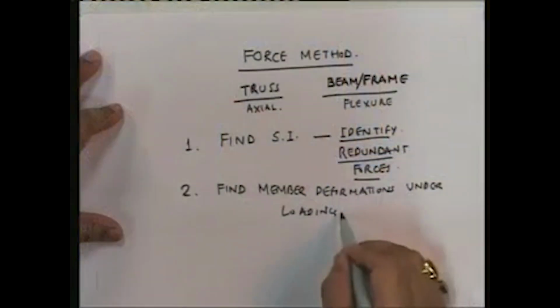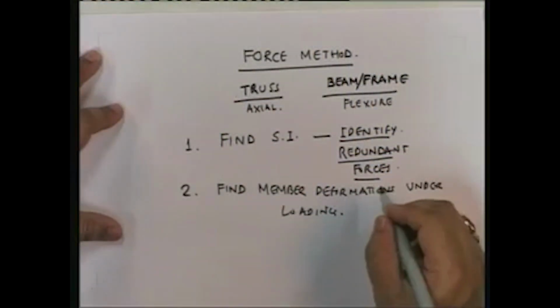That's the axial deformation. If you look at flexure, then the flexural deformation is given by M upon EI. So these are the member deformations that you find out under the loading. If it is a temperature loading or a lack of fit, then you know the member deformation directly. Okay? So that is the overall.